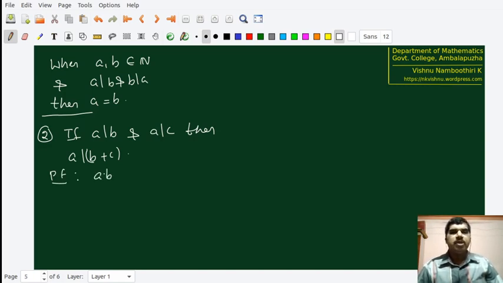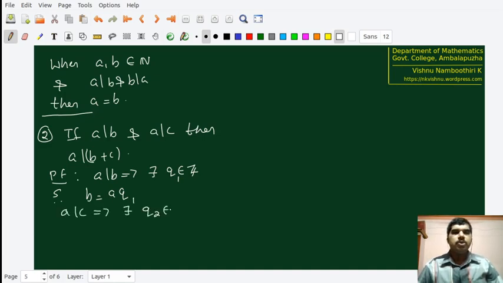a divides b implies there exists integer q1 such that b equal to aq1. Similarly, a divides c implies there exists integer q2 such that c equal to aq2.